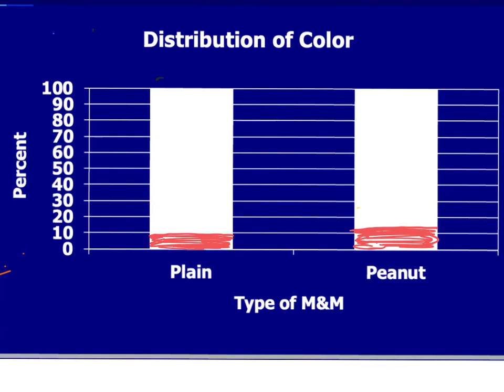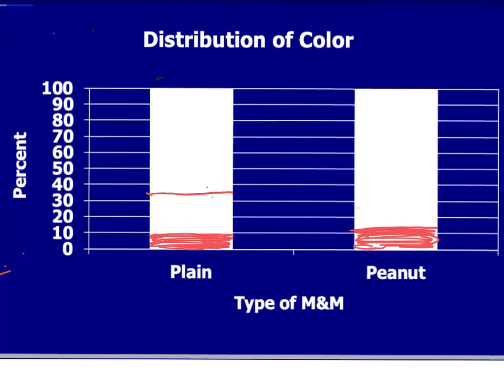Now we're going to pour in our orange. I'm going to try to get a good orange here. So I have 9% plain, and I'm going to pour 25% orange on top of that. So that means this line is going to go up to the 34. Oh, I thought I changed that to orange.